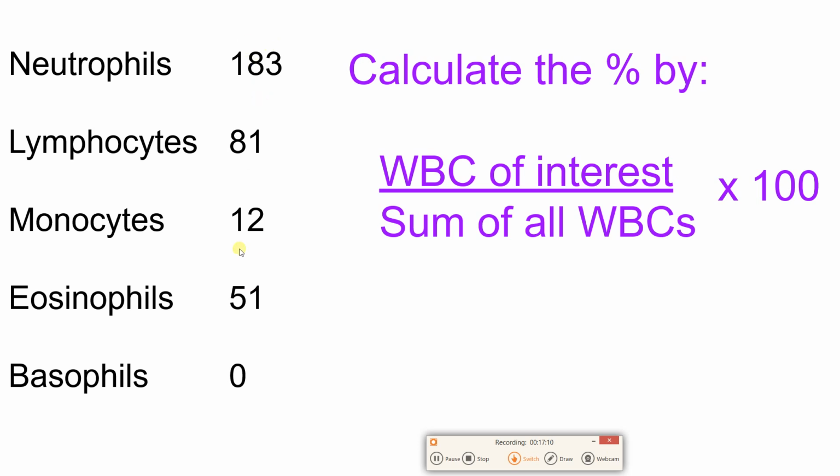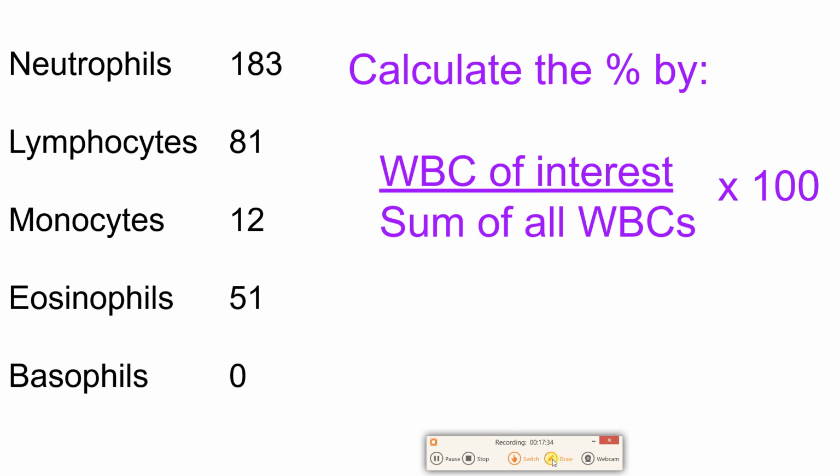So these are some good raw numbers here. Now what I would want to do is convert these numbers into percentages, and then I could compare the percentage that I have in my count versus the normal. So to calculate the percentage, I would take the white blood cell I'm interested in. Let's say I was interested in neutrophils.